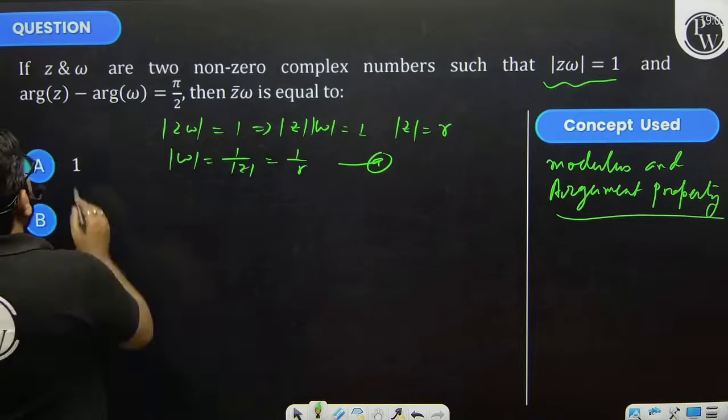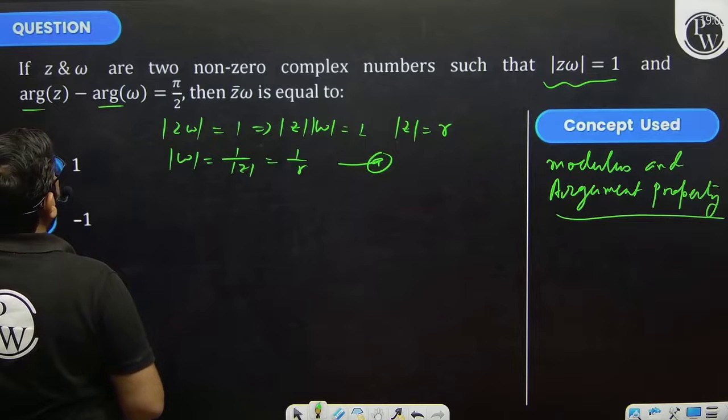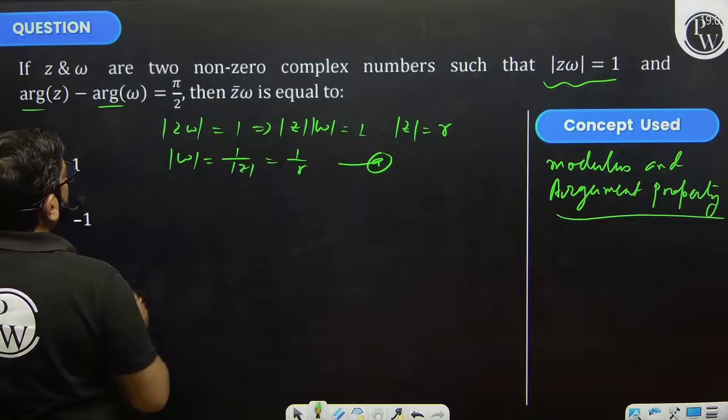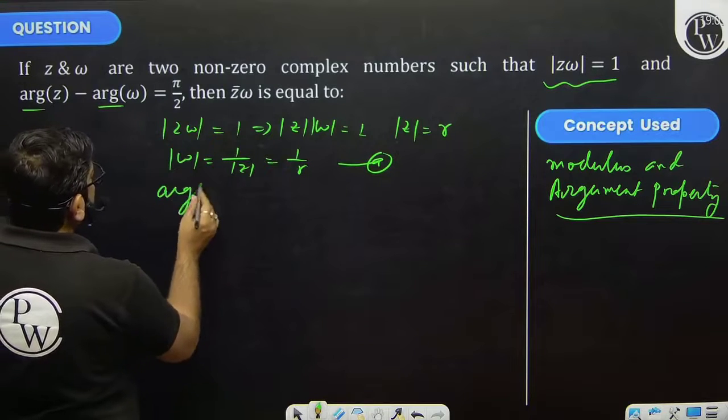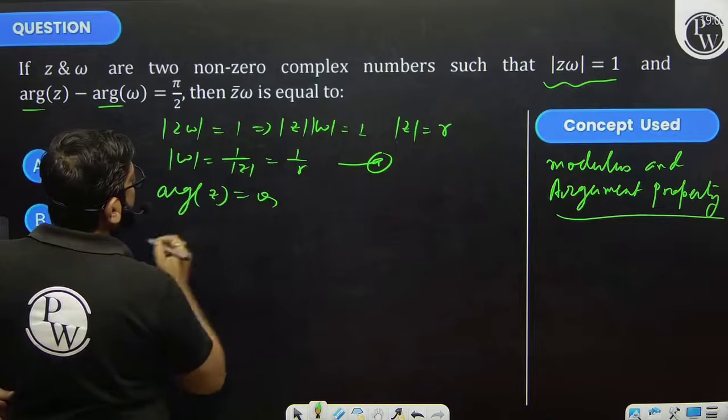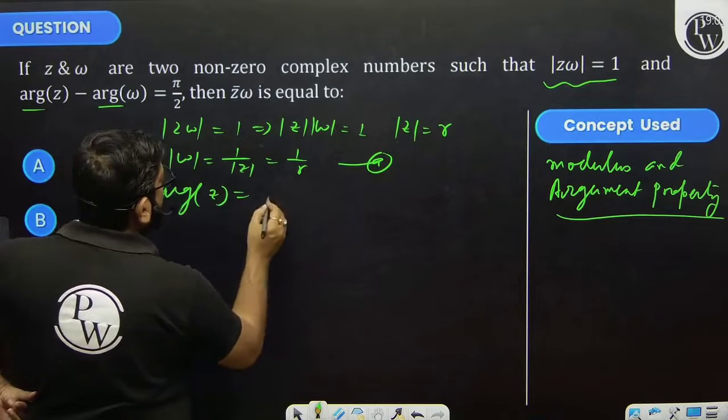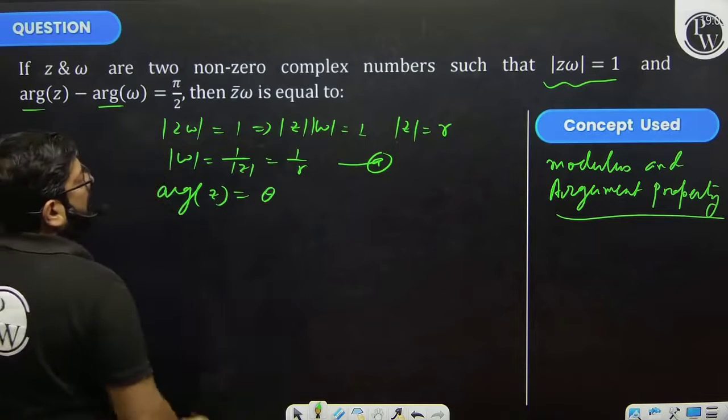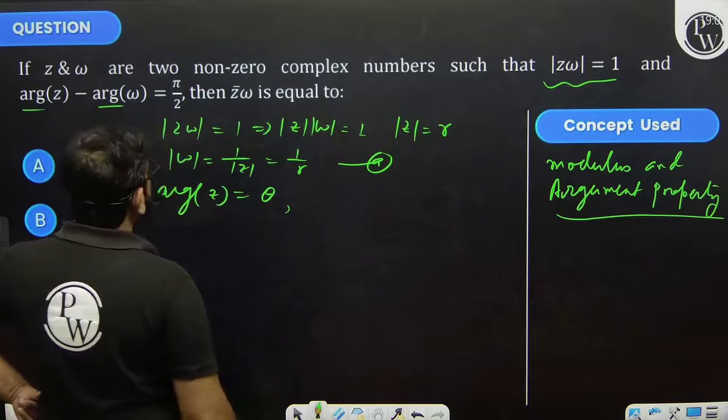And the argument of z minus argument of w is pi by 2. Let argument of z equal theta. Suppose, then what will be the argument of w?